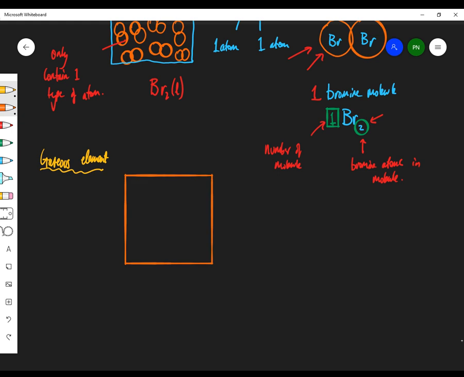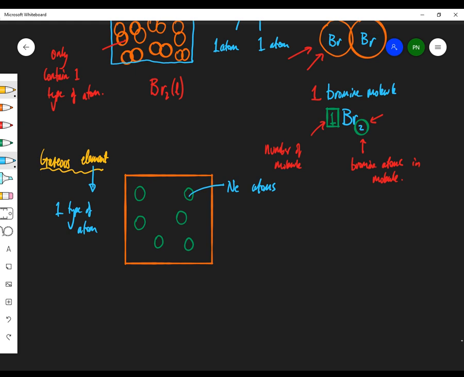Now inside the box, I've got these simple atoms. Now, what are they? Well, I'm going to pretend they're neon atoms. And this is a gaseous element. Why is it an element? Well, there's only one type of atom present. It is gaseous, but it's still an element. There's only one type of atom present, and these are neon atoms.